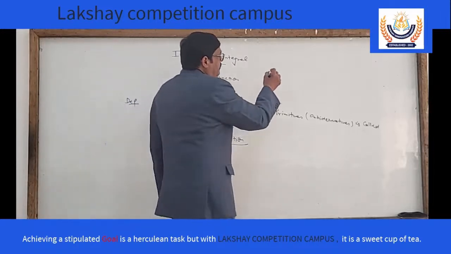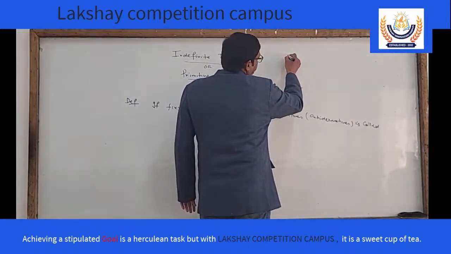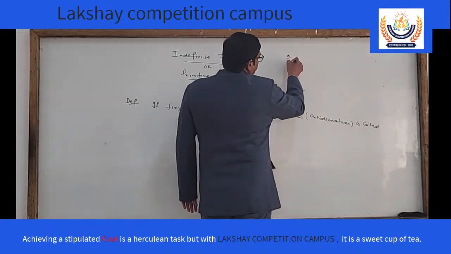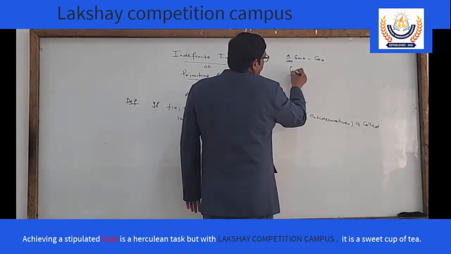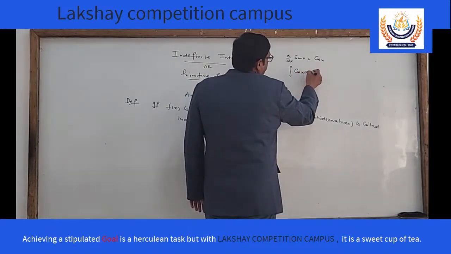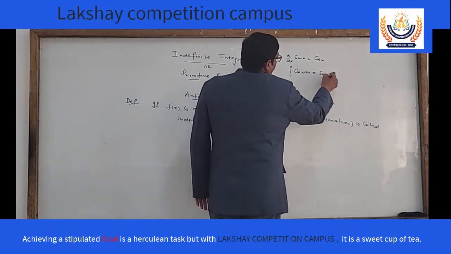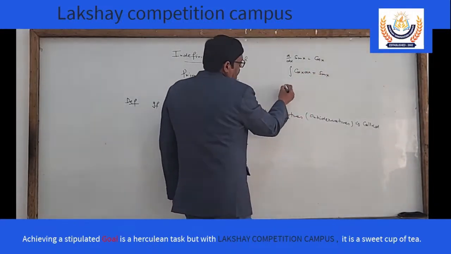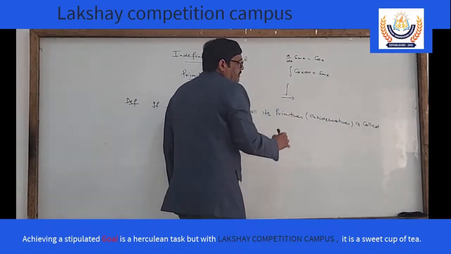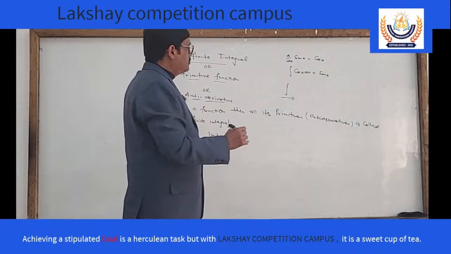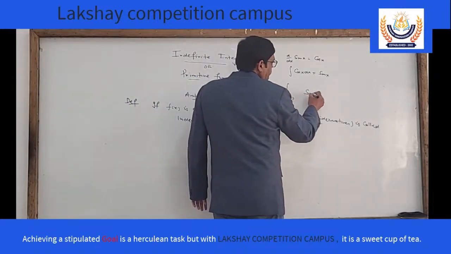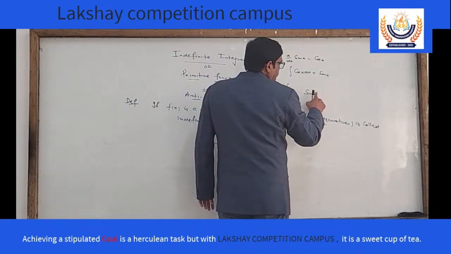Suppose the derivative of sin x is what? Cos x. Then the integration of cos x is sin x. Students, this is the symbol. What do you mean by this one? This is called the summation of the function.